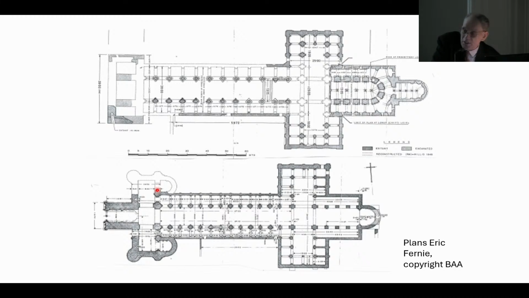Well, two things immediately appear to rule it out. The first is, so far as I can see anyway, there's no discernible building break in the nave of Ely at that point.